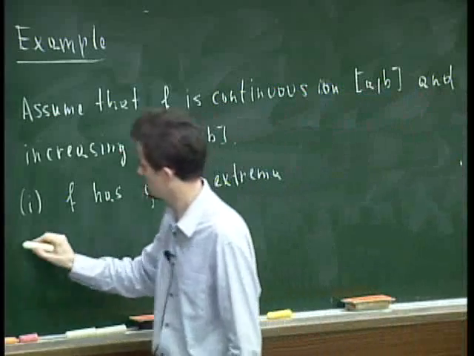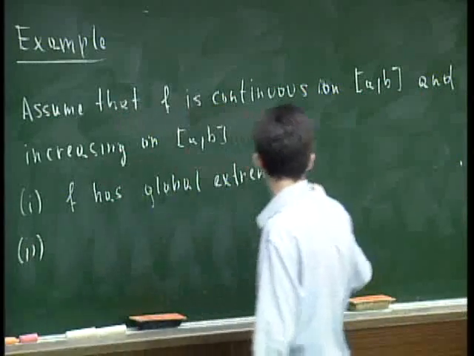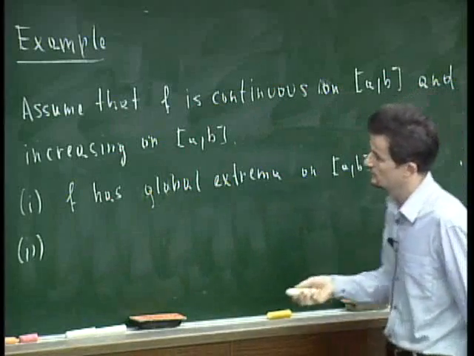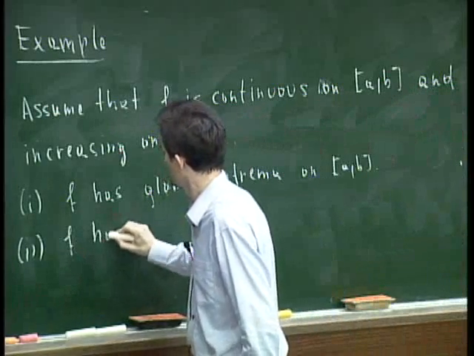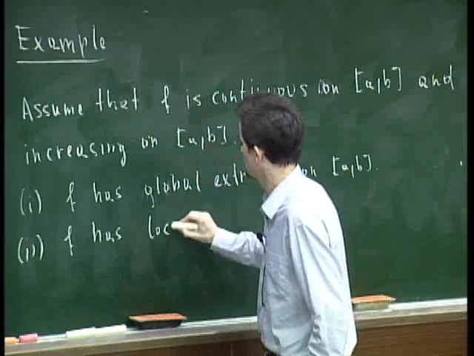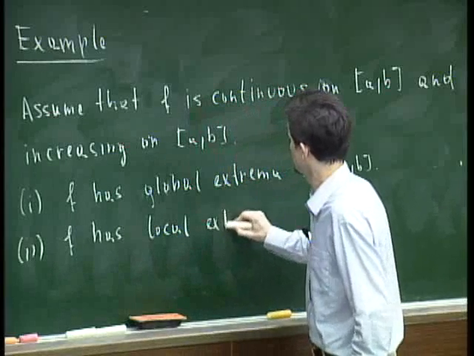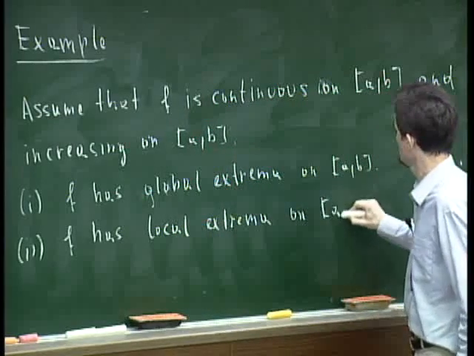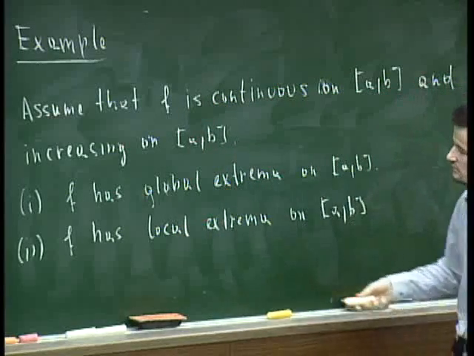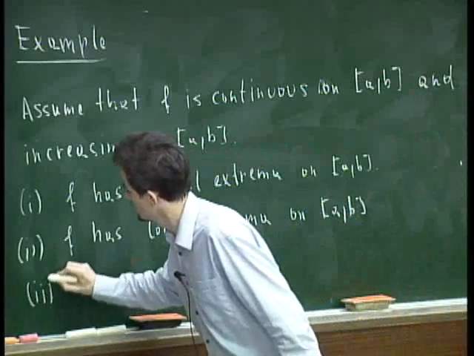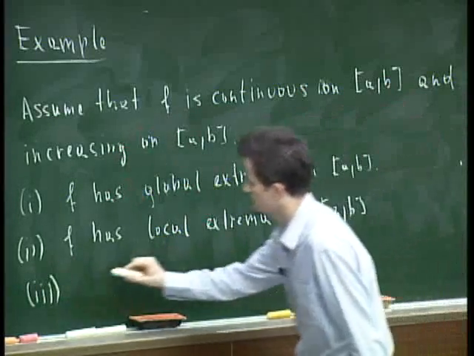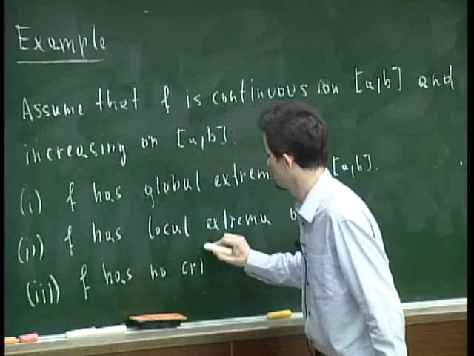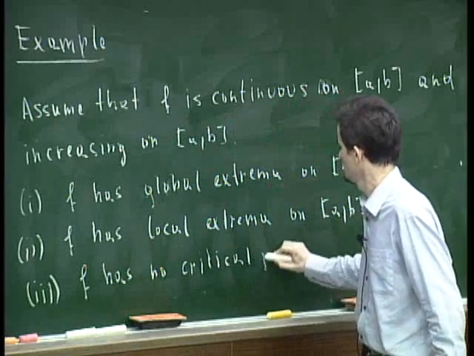This is the first one. Second, of course, on AB. The second is f has local extrema on AB. And the third, f has no critical points.